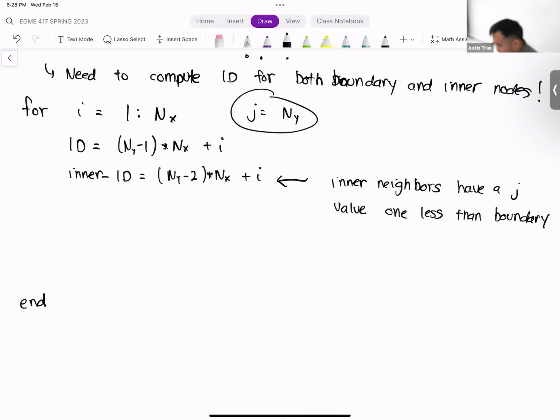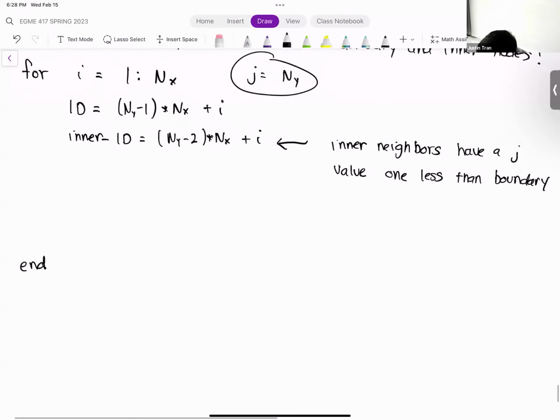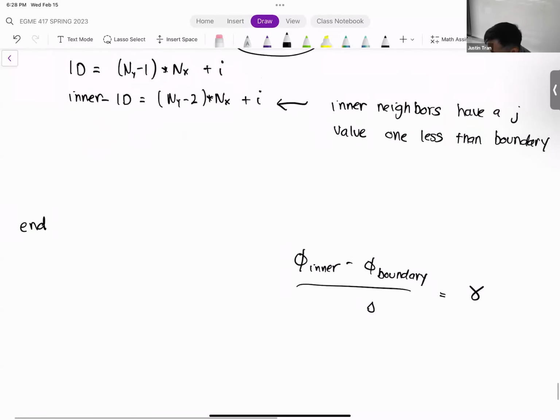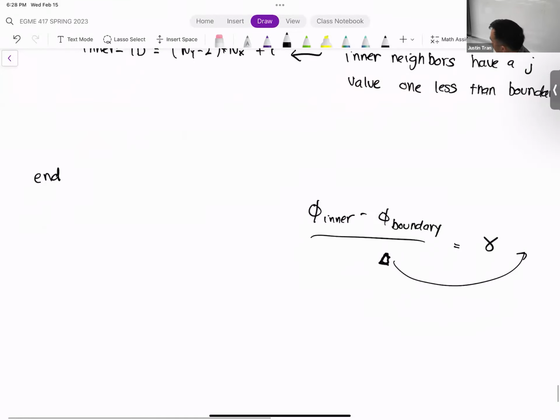Okay. So now that we have these two ID numbers, let's go ahead and make the modifications to the left-hand side matrix and the right-hand side vectors. Just to remind you, the equation that we're looking at is phi inner minus phi boundary divided by delta is equal to gamma. This is our boundary condition equation. Let's go ahead and multiply gamma by the other side, where delta is the grid spacing.